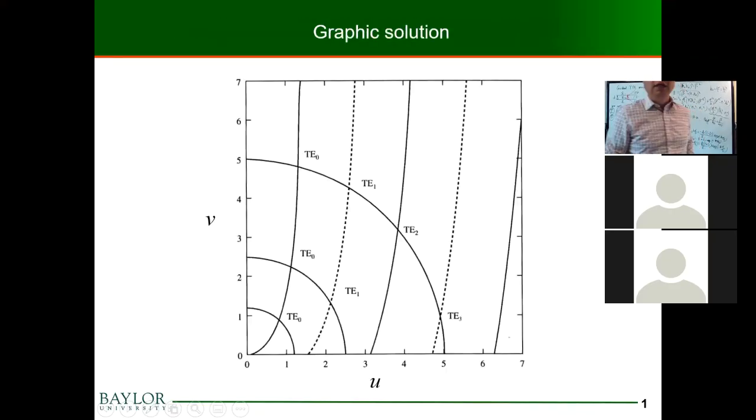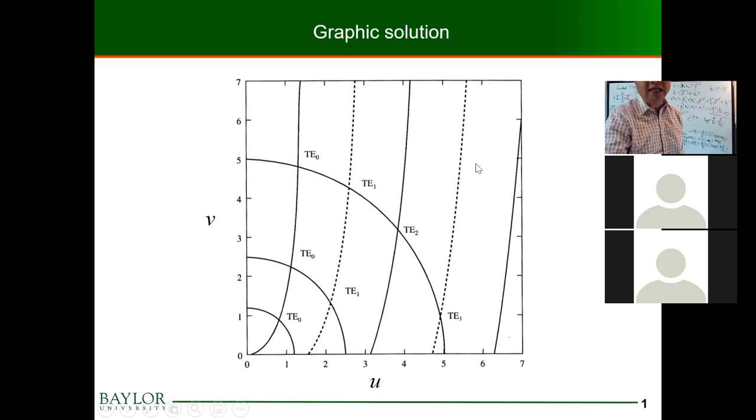Okay, so this is the picture I showed you before, right? This is U, this is V. This curve is U tangent U equal to V. This curve is U cotangent U equal to negative V. This solid line is the symmetric solution.